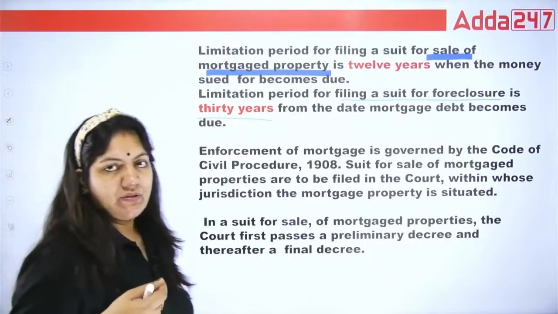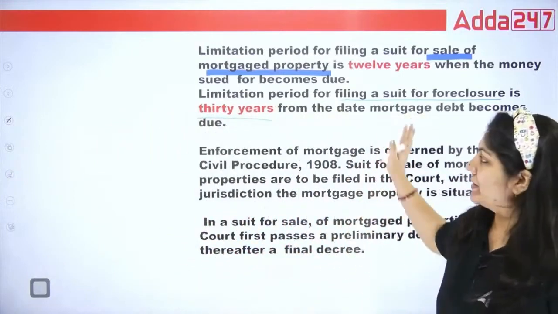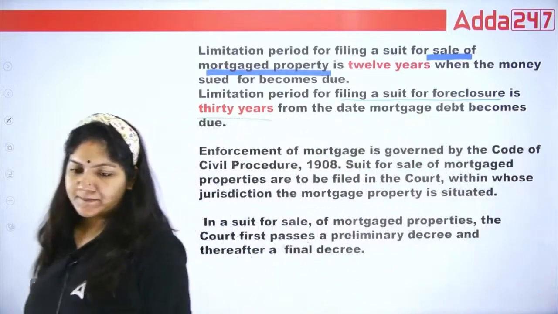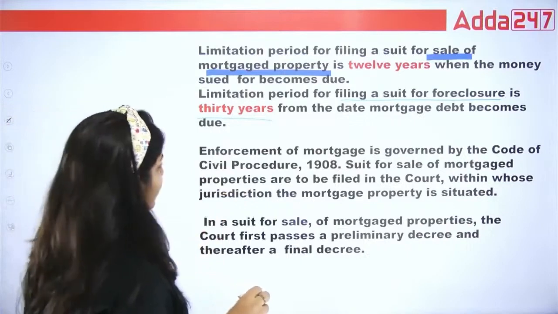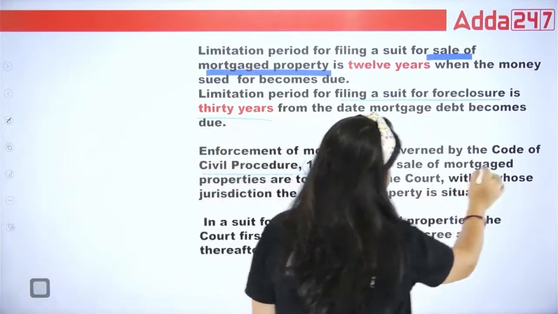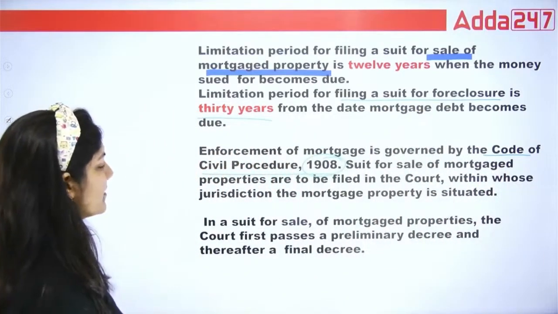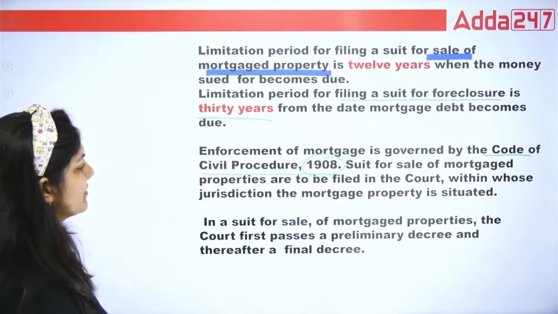Just a quick revision. We have already done this in the paid class, but in the summary session, you can easily see how things are given here. Okay. Enforcement of mortgage is governed by the Code of Civil Procedure 1908. Suits for sale of mortgaged properties are to be filed in the court within whose jurisdiction the mortgaged property is situated.